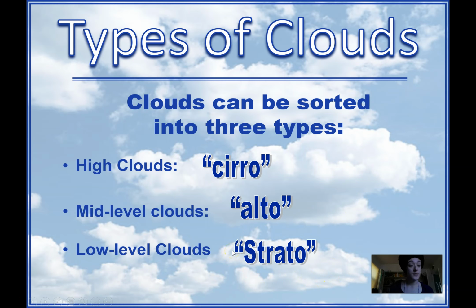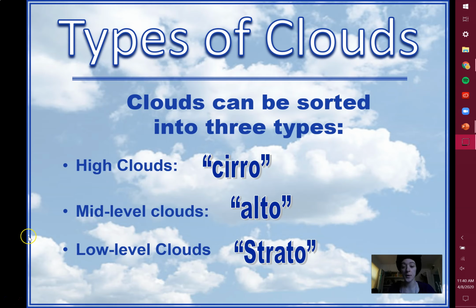So low clouds are closer to the earth, closer to us, closer to the crust, and high clouds are further away, closer to outer space. And then you have this mid-level cloud called alto, which is somewhere in between low and high.